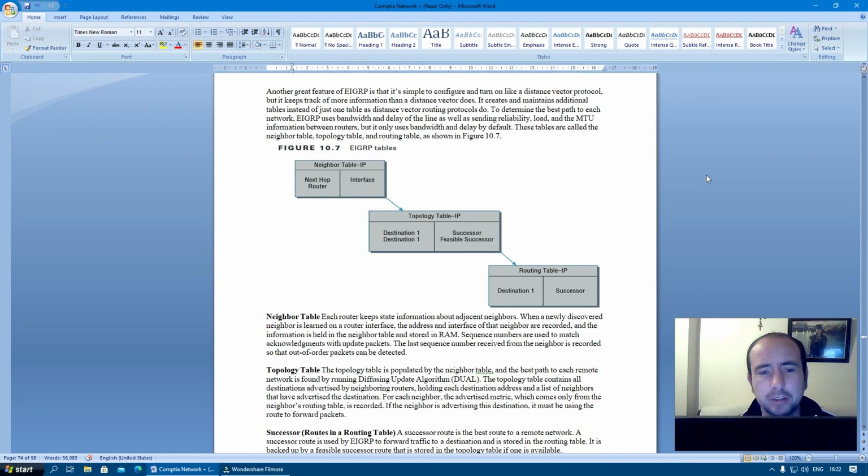These tables are called the neighbor table, topology table and routing table, as shown in figure 10.7. So as you can see here, in figure 10.7 EIGRP tables, we have the neighbor table with next hop router and interface, the topology table with IP destination 1, successor and feasible successor, and the routing table with IP destination 1 and successor.